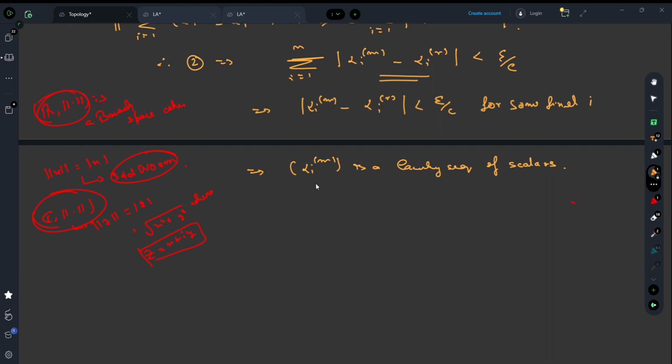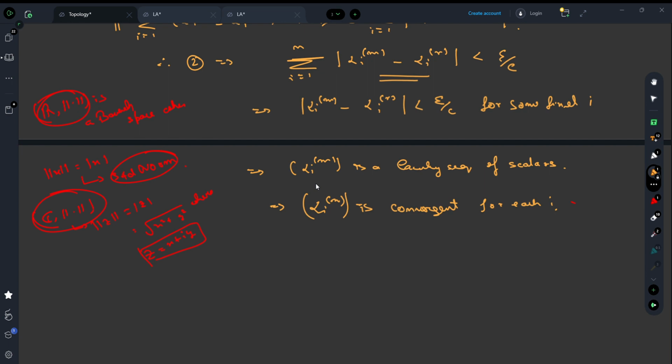They are complete spaces. Now since alpha_im is a Cauchy sequence of scalars, it is a Cauchy sequence in the standard norm on R or the Euclidean norm on C. So this implies it's a convergent sequence. The underlying field is always Banach.